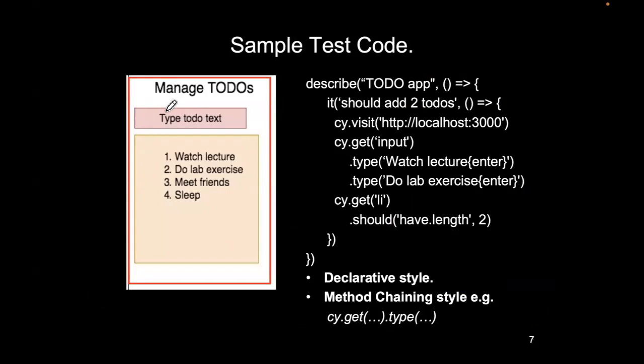This is meant to be a text box here. The way this application works, there are no surprises. You type in your to-do text here and hit enter, and when you hit enter, your to-do is added to this list down here. That's all the app does.